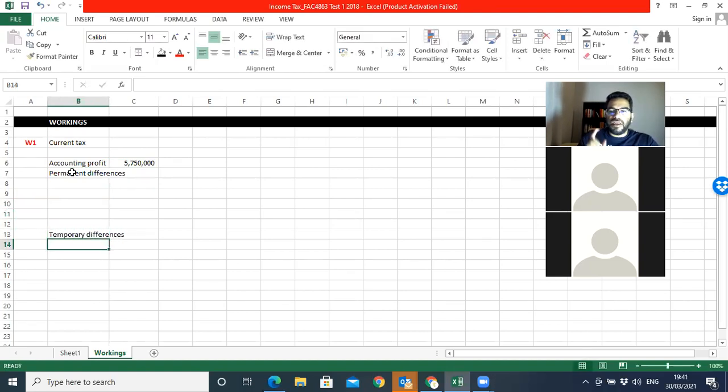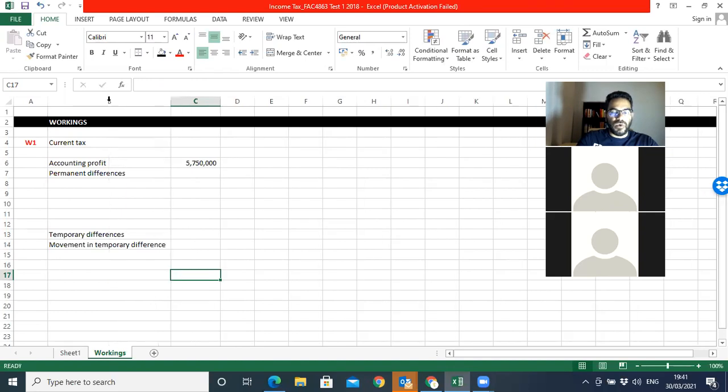Okay, remember, they told us that the temporary difference needs to be performed using the statement of financial position method. So that's where we do the deferred tax calculation. So all I'm going to do is put in here movement in temporary difference. So there's just one line item.